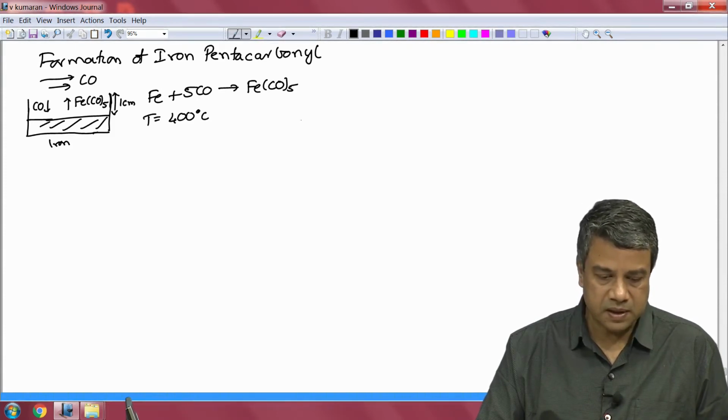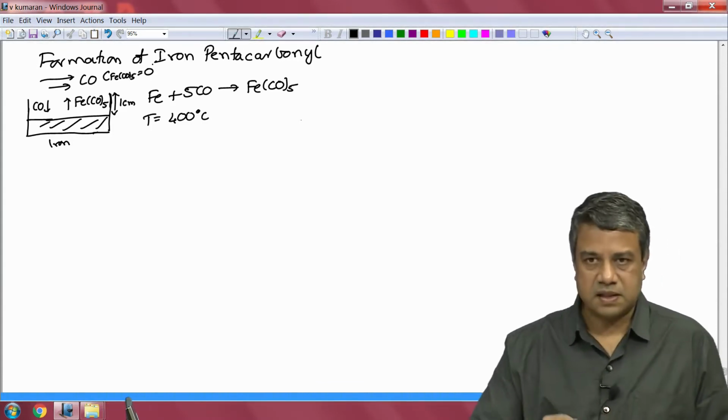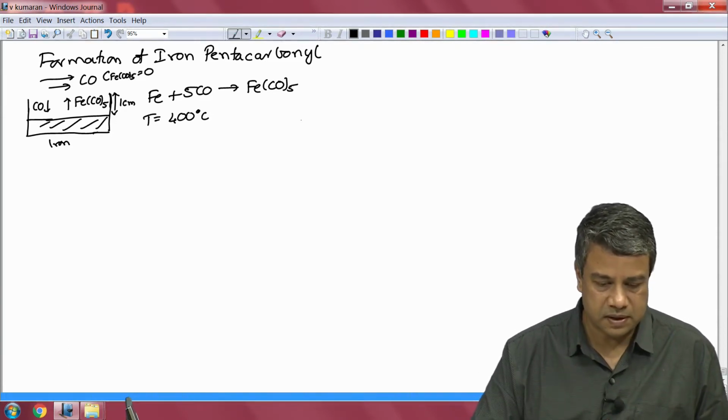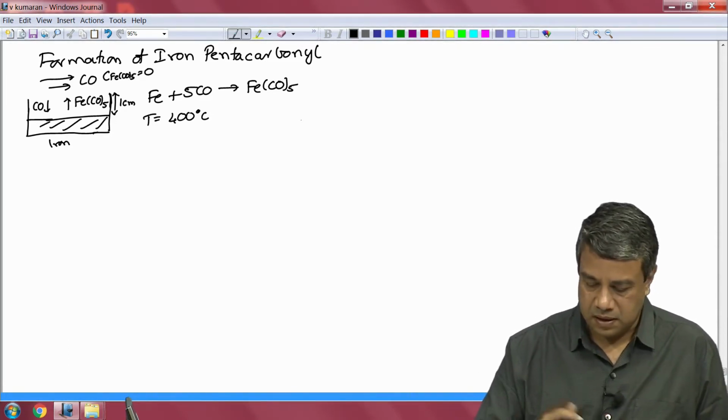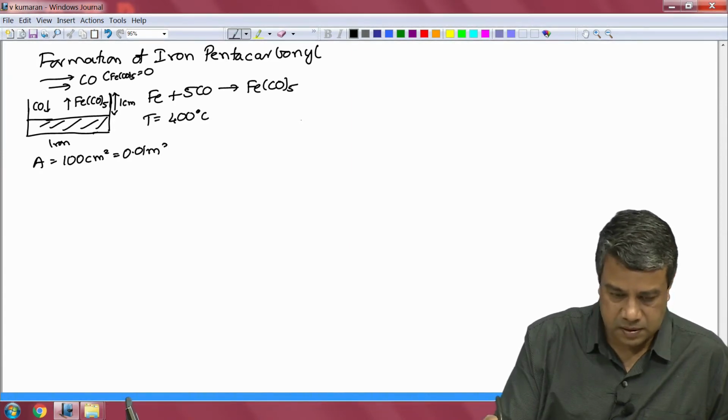The molar concentration of iron pentacarbonyl is equal to 0 in the gas stream. That is, the gas stream is fast enough that it carries along all the iron pentacarbonyl with it. And this area of the reactor, I will assume, is equal to 100 centimeter square. It's equal to 0.01 meter square.